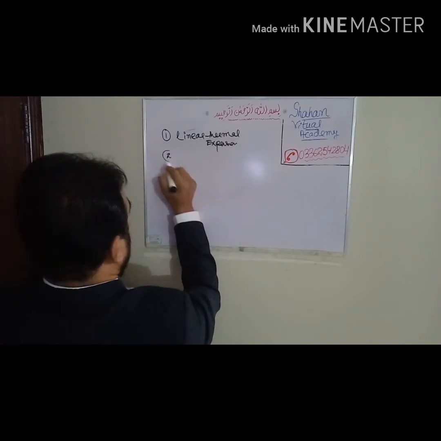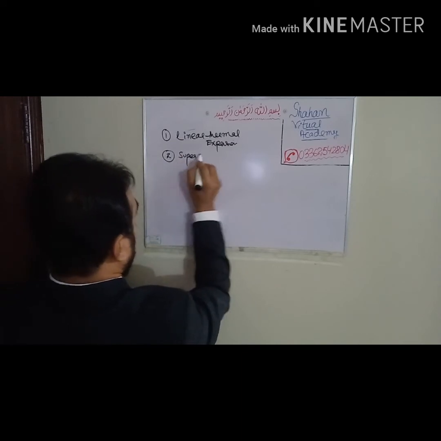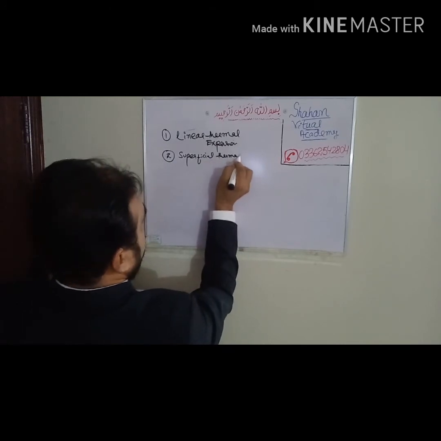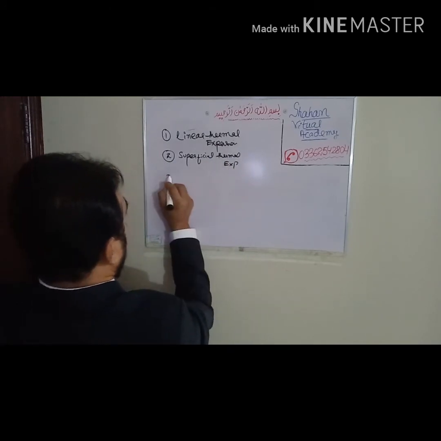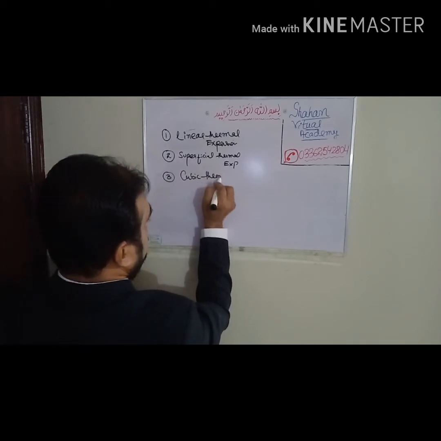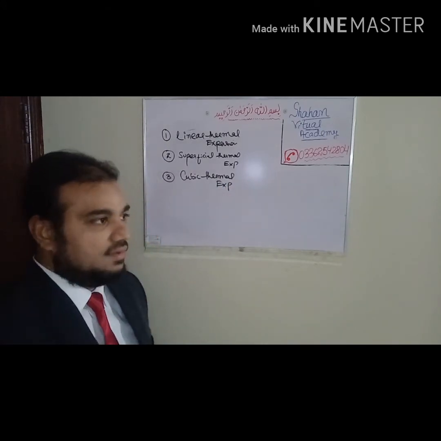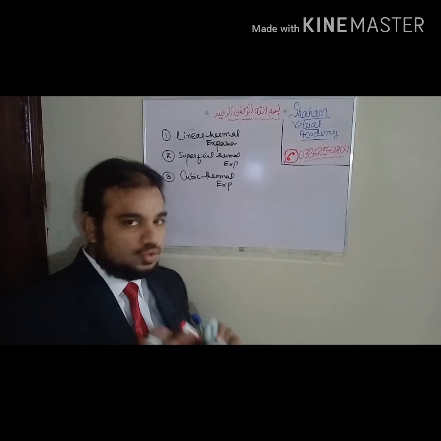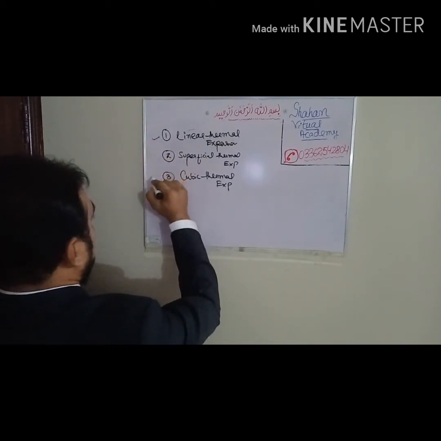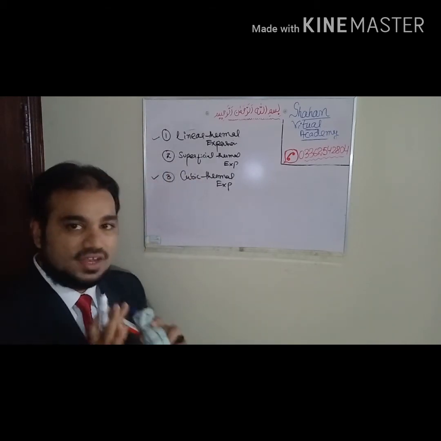The second one is superficial thermal expansion, and the third one is cubical thermal expansion. Here we will discuss the two main important ones in a descriptive way, while we just give you the definition of all three.